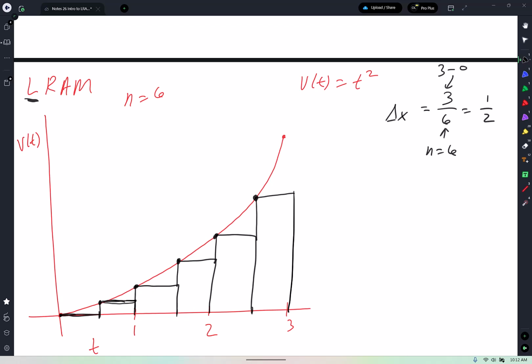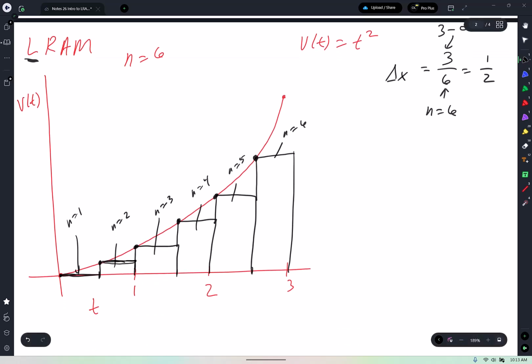And there it is. Let's find the area of those rectangles. That's n equals 1 right here. N equals 2. N equals 3. You don't need to know that, but I just want to make sure that you have good notes.